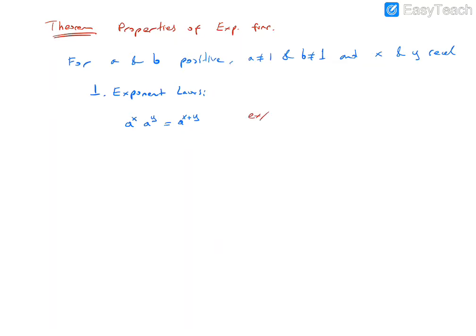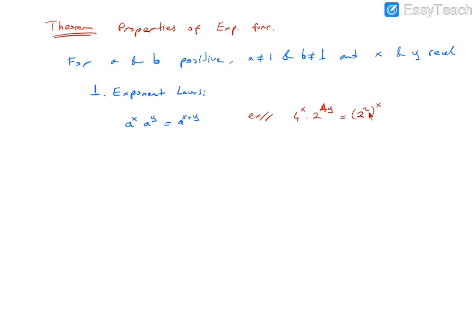So let's give an example. For example, 4 to the power x times 2 to the power 4y. So you should make the bases the same. So 4 is 2 squared. So this is 2 squared to the power x. Actually here we have another rule.